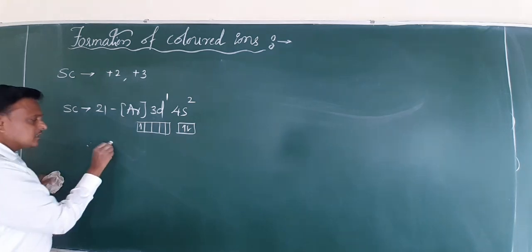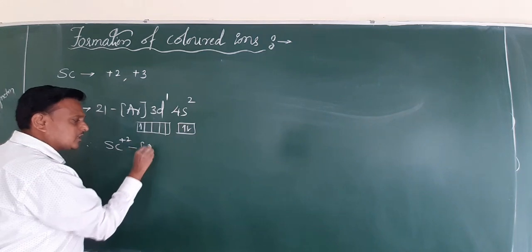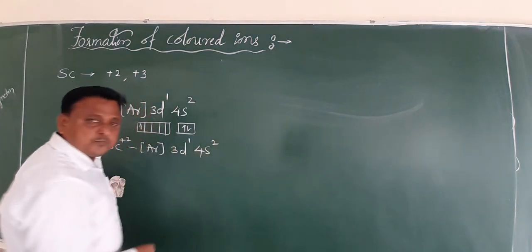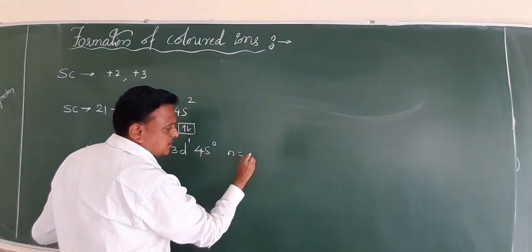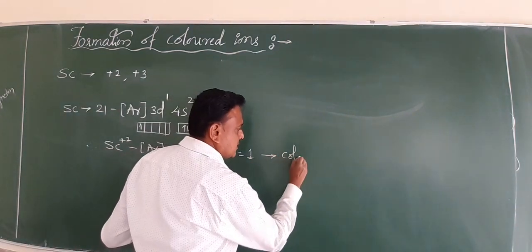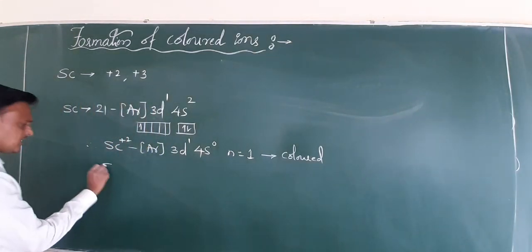Therefore scandium +2 means loss of 2 electrons, electronic configuration argon 3d1 4s0. So n stands for 1 unpaired electron. Due to 1 unpaired electron, they are colored. Unpaired electron means colored. Now suppose you take scandium +3.